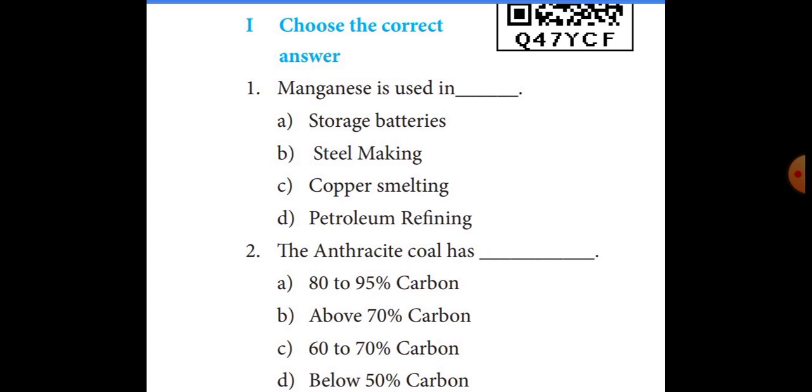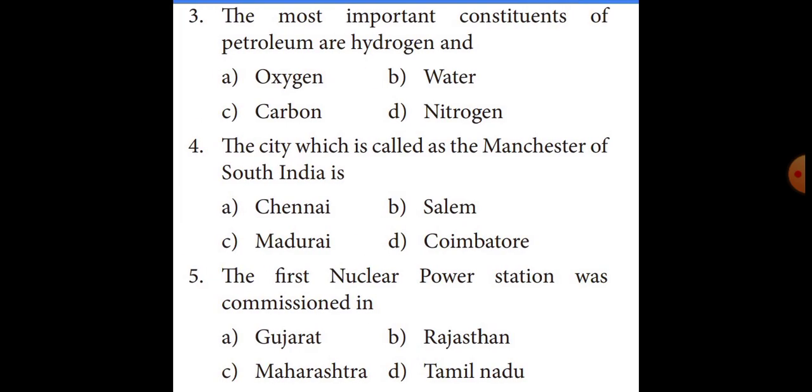Manganese is used in dash. Steel making. Number 2. The anthracite coal has dash. 80 to 95% of carbon, A option. Number 3. The most important constituents of petroleum are hydrogen and carbon. Fourth one, the city which is called the Manchester of South India is Coimbatore.